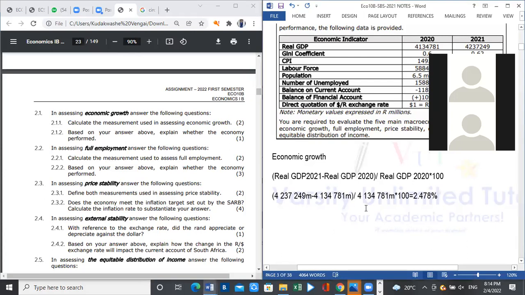All right, so that's the economic growth percentage that we have. What we're interested in when looking at economic growth is just to understand whether there was any growth within that economy.